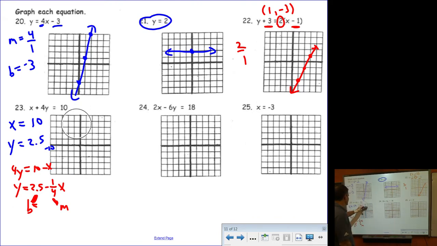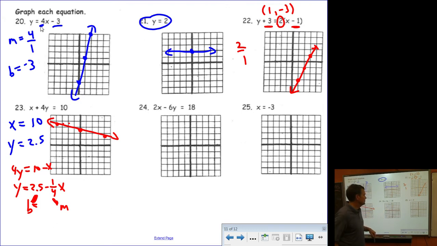In this case, I do not need to scale the graph. I can just go ahead and put the y-intercept at 2.5, and then I can go down 1, right 4, or I can go up 1, left 4, and I get the correct line.